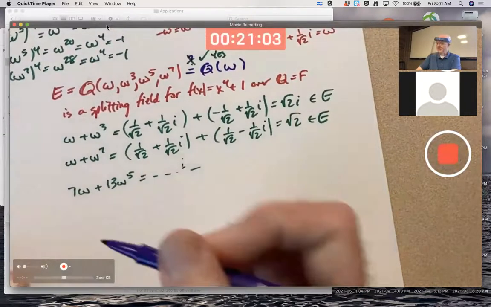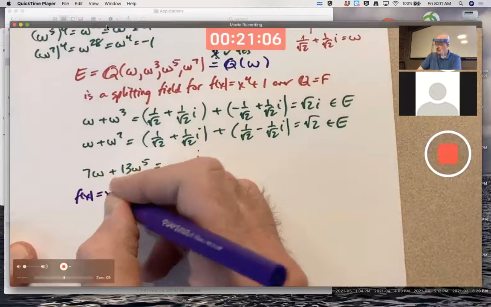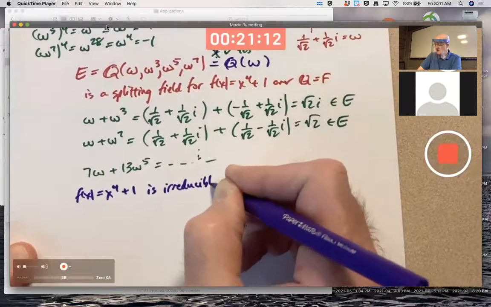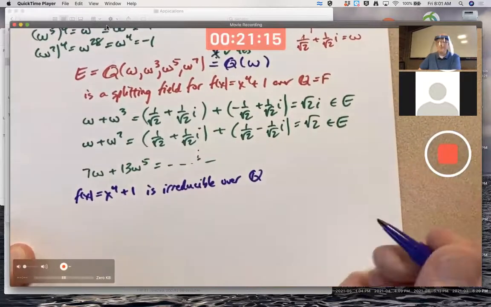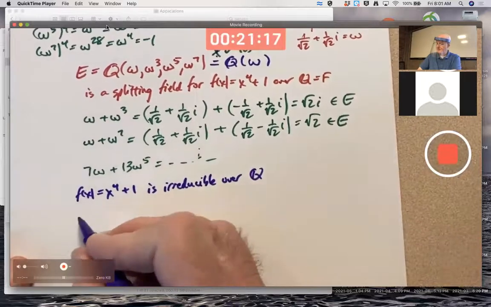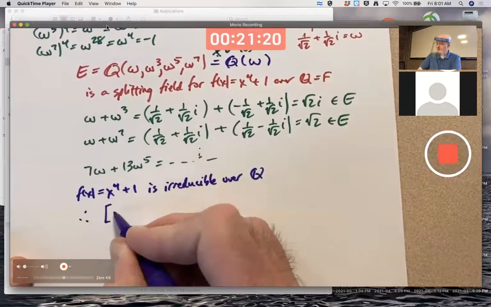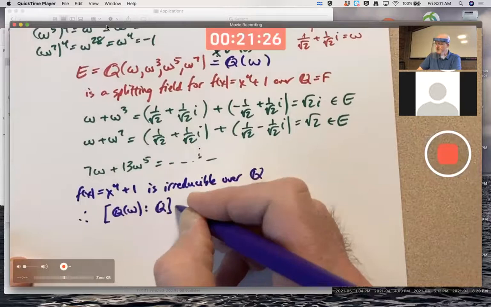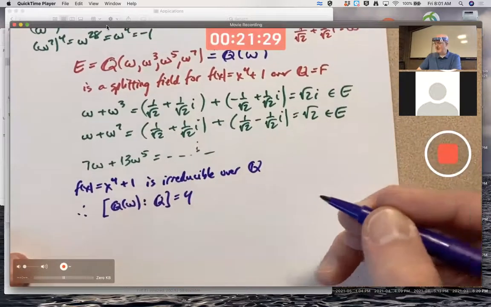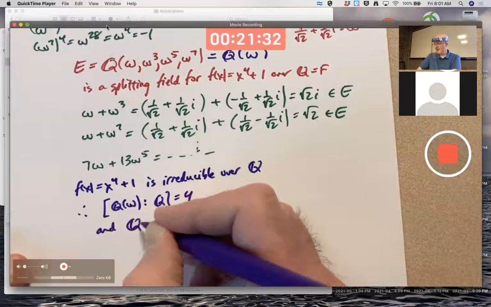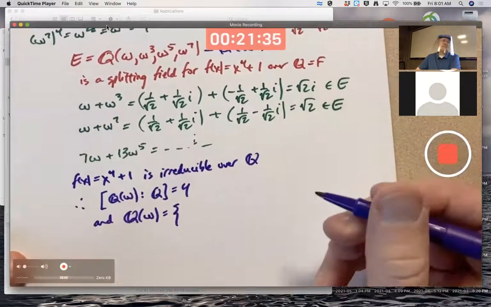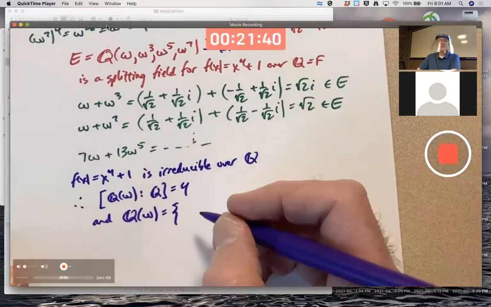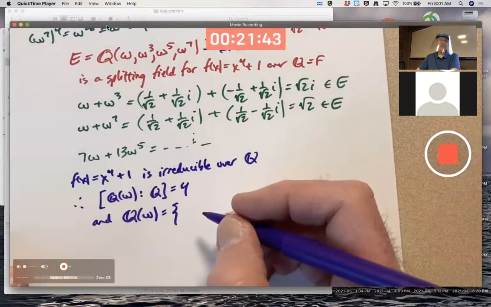Let's write that out. f of x equals x to the 4th plus 1 is irreducible over Q. We already mentioned that. Therefore, the degree of Q adjoin omega over Q is 4. And we can also write the elements of Q of omega as linear combinations of omega to the 0 power, which is 1, omega to the 1st power, omega squared, and omega cubed.